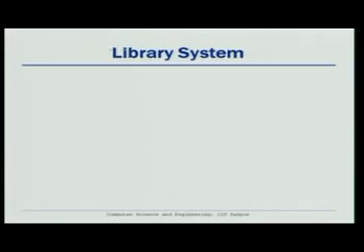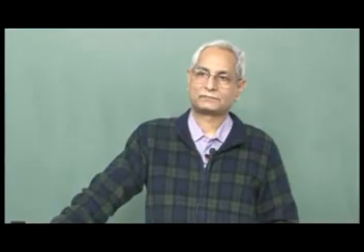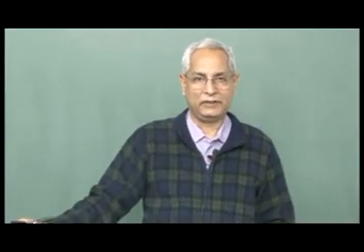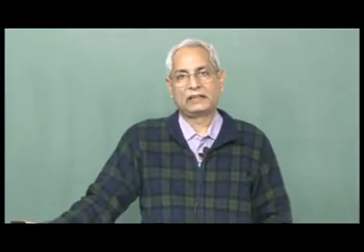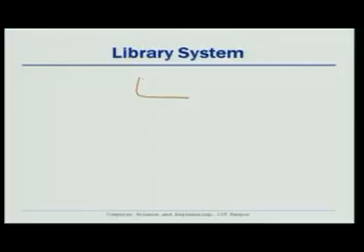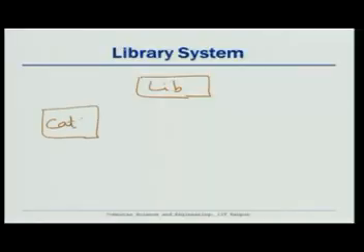It will have a circulation module. It will probably have an acquisition module, by this I mean where you buy books. This is the module which you use to buy books. It will have probably a module to manage journal subscription.